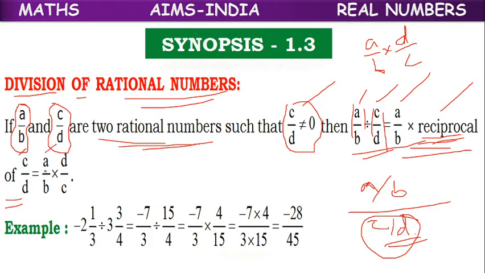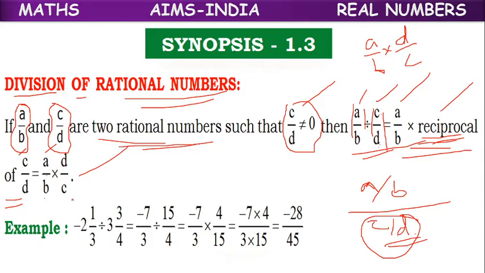So a by b will be like that only. But if we change division into multiplication, we have to take the reciprocal of c by d, that is d by c. So division can be written as multiplication by taking the concept of reciprocal.